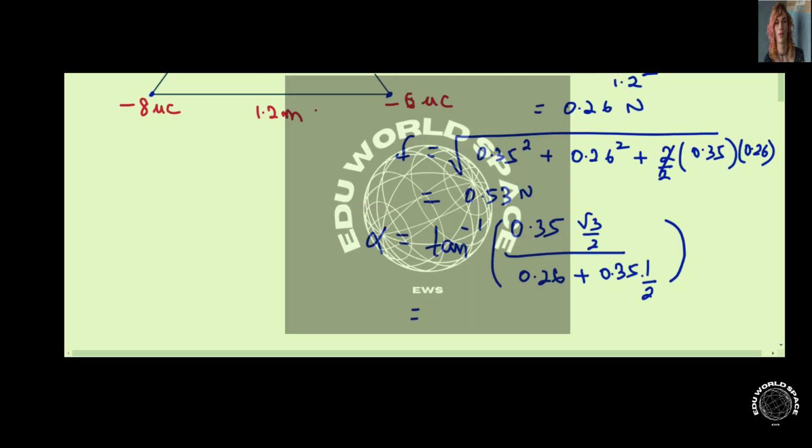So root 3 will take approximately 1.732, and taking the tan inverse of this, we get the angle. So let us first find out this simplified form.